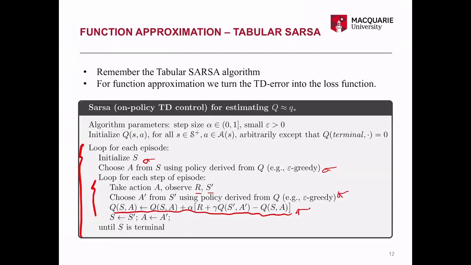Notice that we have this expression, and this is the TD error, right? So we use this TD error as a way of dealing with function approximation. We turn this into a loss function, right?